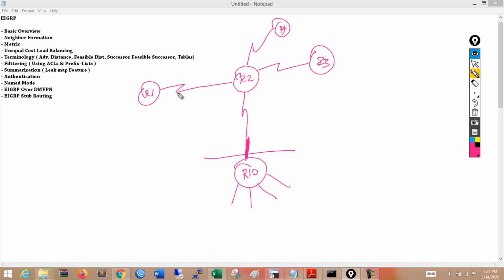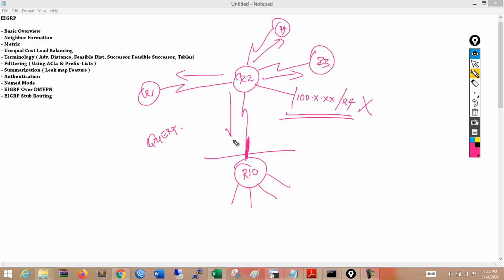And router 2 now loses, let's call it a network down here, let's say it is the network 100.x.x.x/24. Router 2 is going to send a query to all of its neighbors, asking if anybody has a route to this link that it just lost. So it will send a query to router 3, send a query to router 4, send a query to router 1, and also send a query to router 10. And it starts to wait.